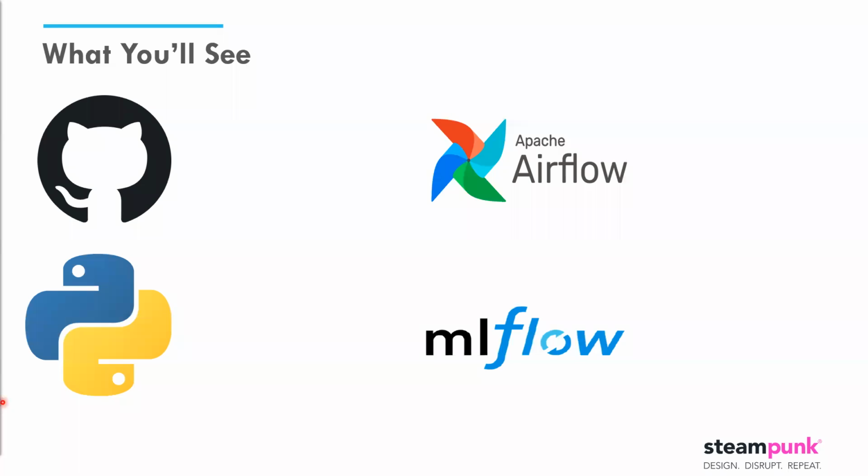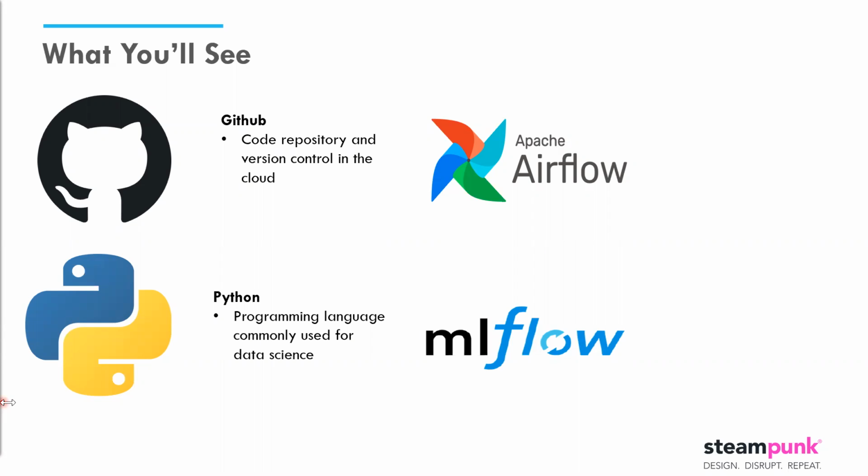Before I jump out of the slideshow, I just want to give a quick intro to some of the tools that you'll see here in a second. As I mentioned before, we use GitHub as the code repository and version control in the cloud. Python is the programming language most commonly used by data scientists, and that's what I've written this little demo in.